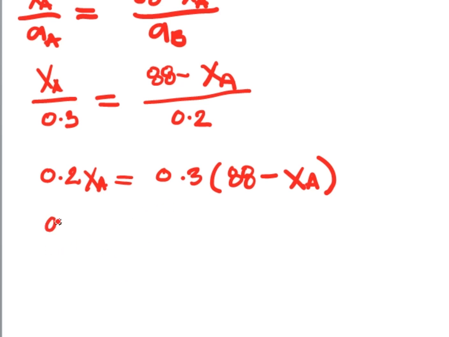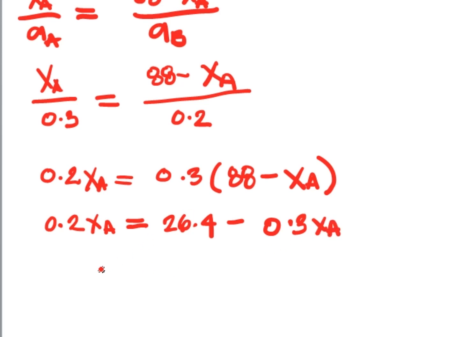So this is 0.2 x sub A, 0.3 times 88 is 26.4, minus 0.3 x sub A. Simplifying, we'll have 0.2 x sub A. Let's transfer negative 0.3 to the left side.